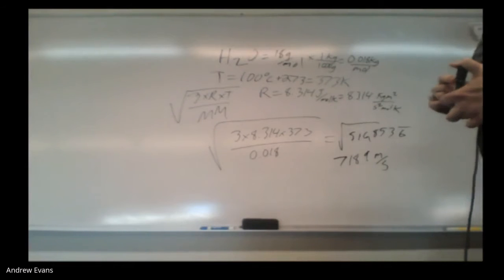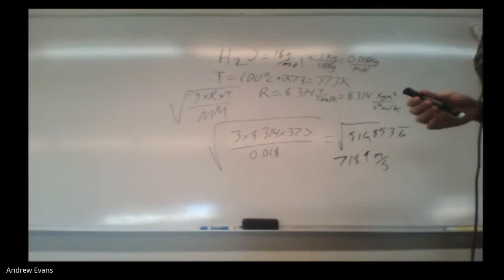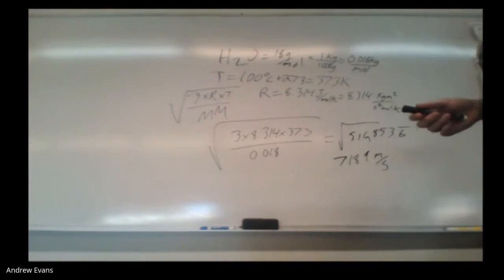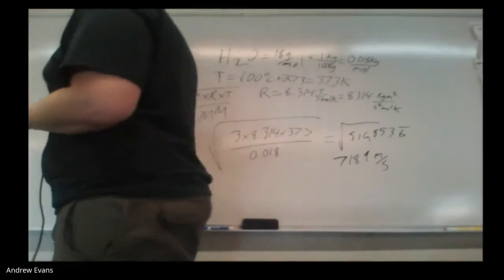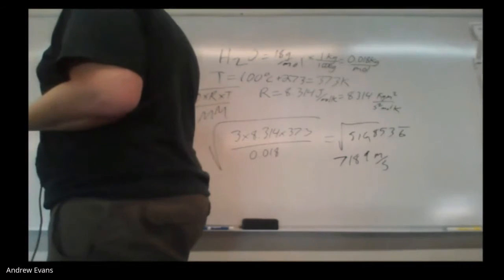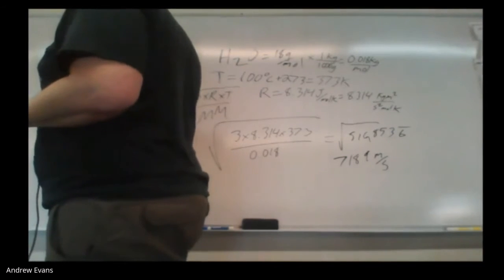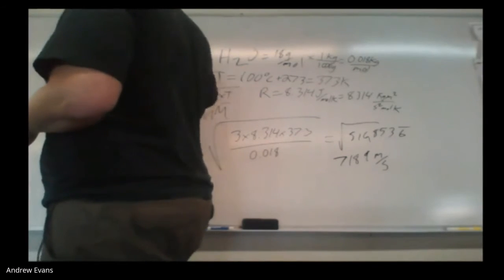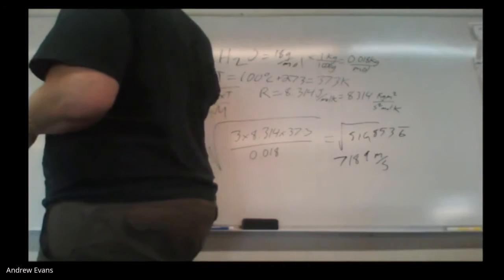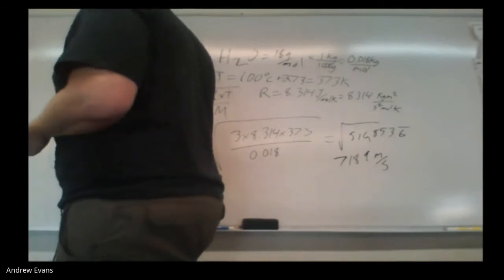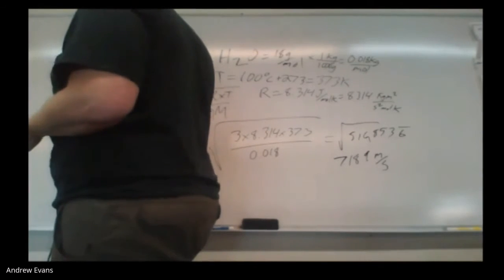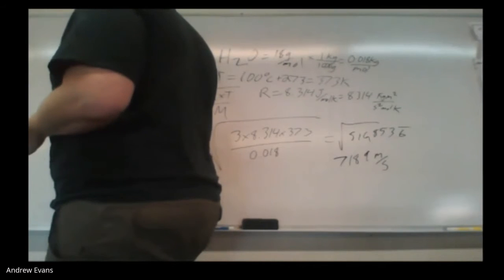The second answer, what is the diffusion with respect to oxygen? So we're saying rate of water versus rate of oxygen is the square root of the molar mass of oxygen over the molar mass of water, which literally is the square root of 32 over 18.